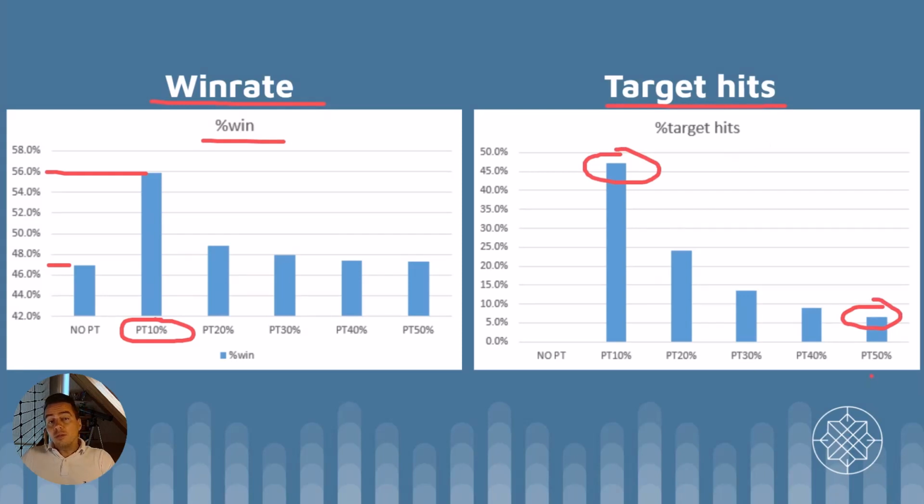For example, if we would use a 50% profit target, our target would get hit only 5% of the time, which basically means that the profit target is almost useless, and it is nothing but another parameter that would exponentially complicate our strategies, which is something we don't want.